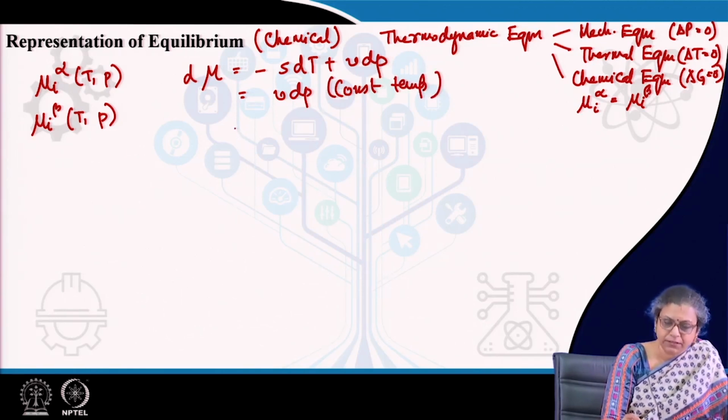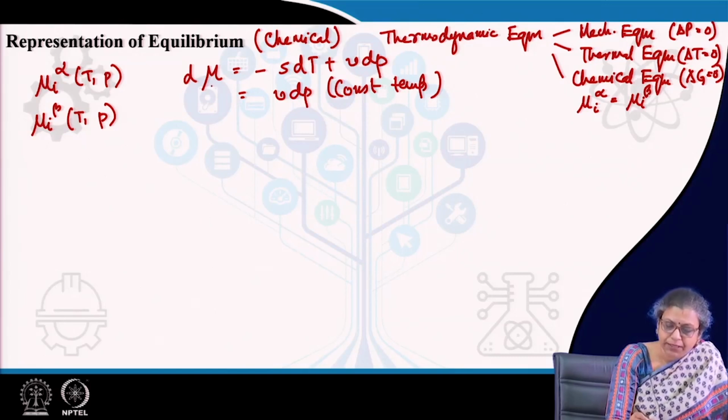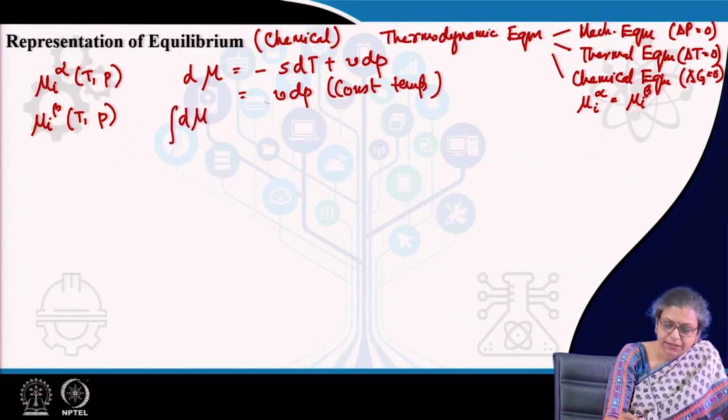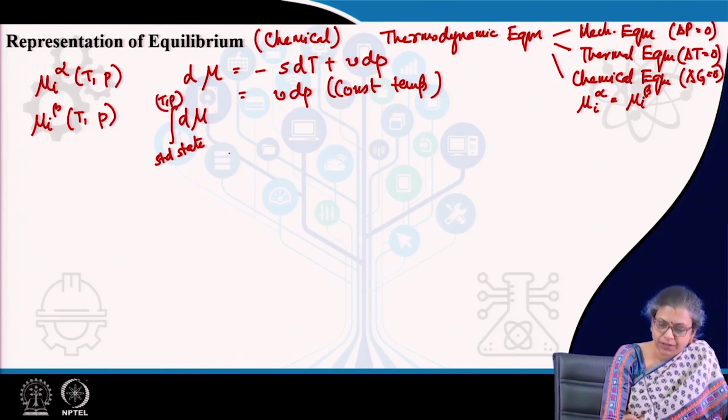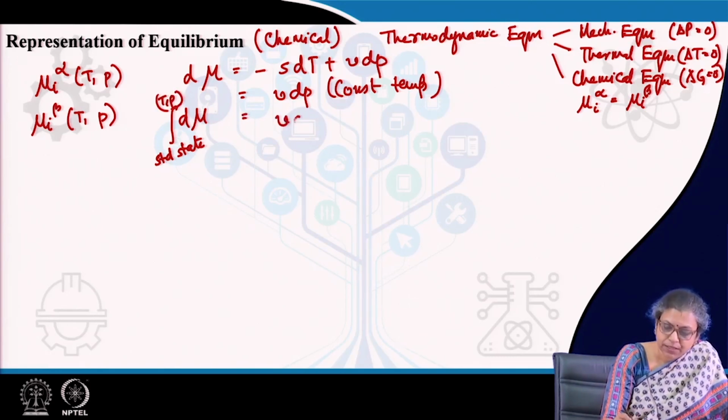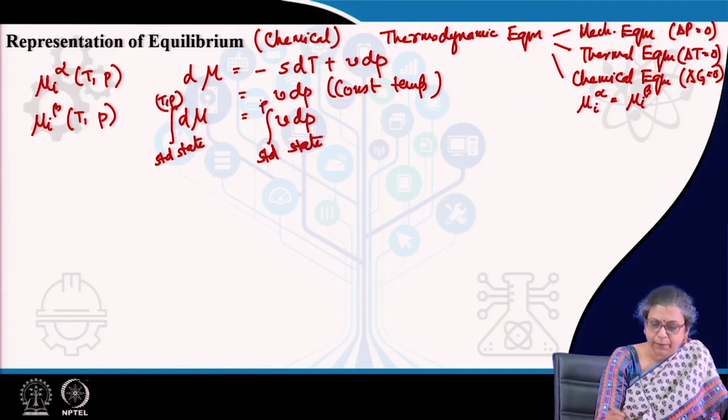So if we really want to find mu under any particular temperature and pressure, then this equation has to be integrated from some particular standard state to the temperature and pressure conditions existing in the alpha phase. Accordingly, this equation also has to be integrated from some particular standard state to the pressure, since temperature is constant.